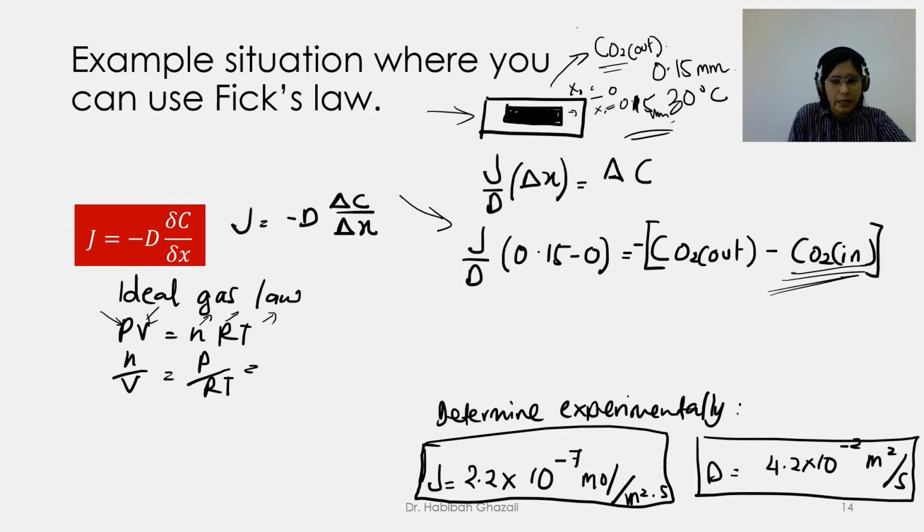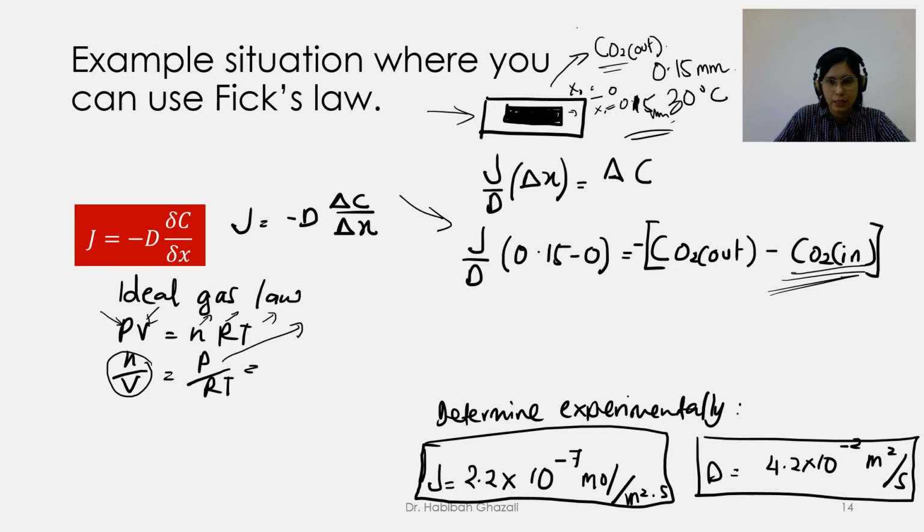If we rearrange that to get the concentration, the number of molecules divided by unit volume equals pressure divided by the ideal gas constant times the temperature.